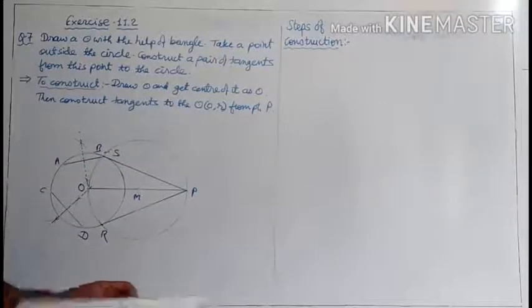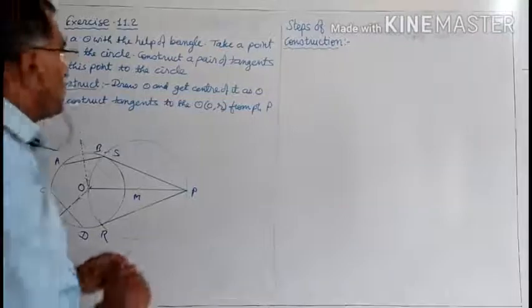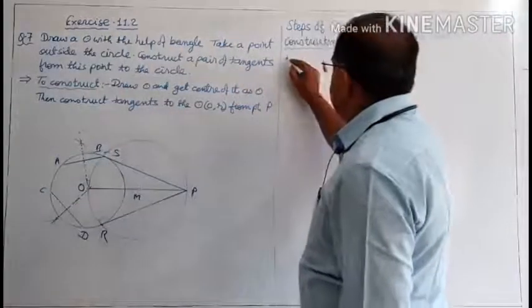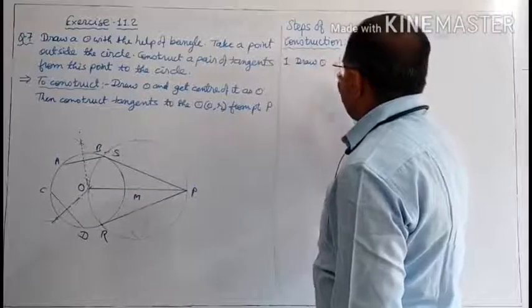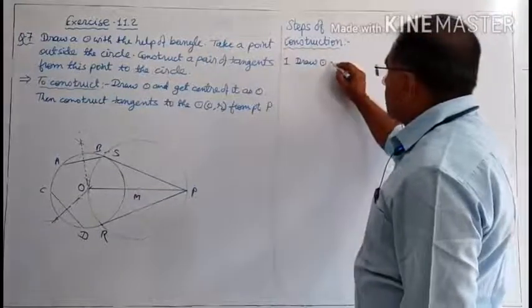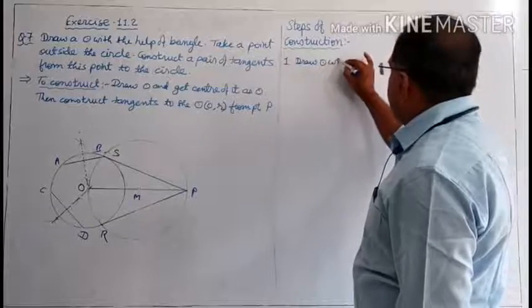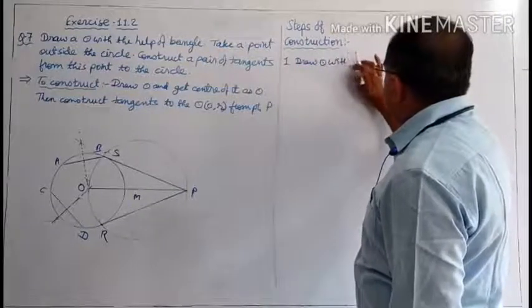So let us write the steps of construction. First of all, draw a circle with the help of a bangle.